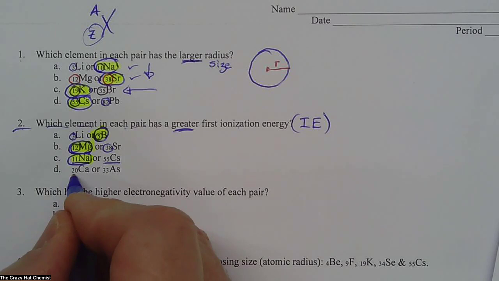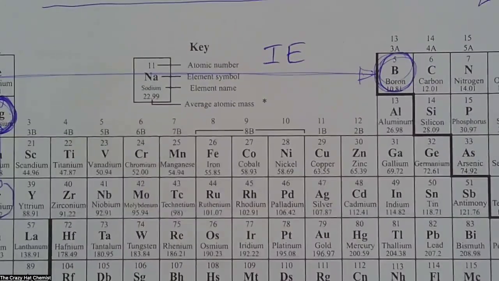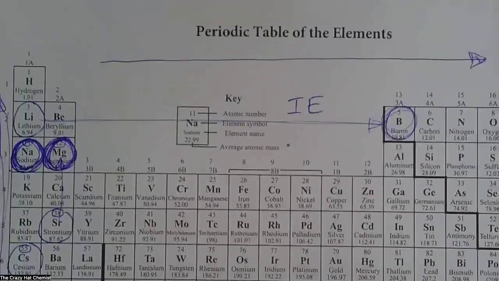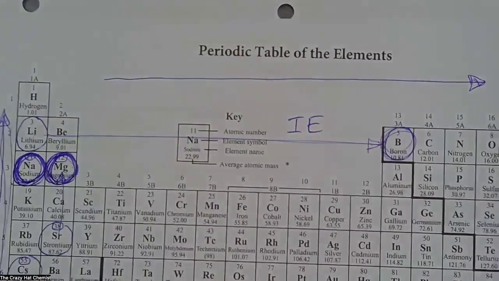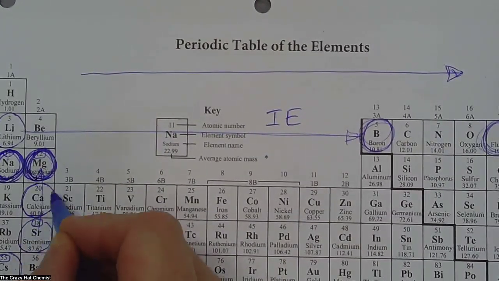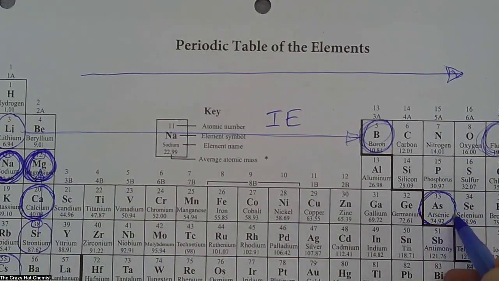Now our next one here is element number 20, that's calcium, and element number 33, that's arsenic. So these two are within the same period. Let's zoom on out just a little bit so that we can get both of these in here together. So we have calcium, element number 20, or arsenic, element number 33.